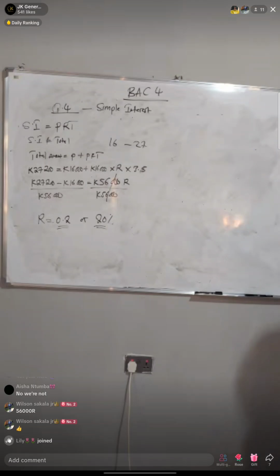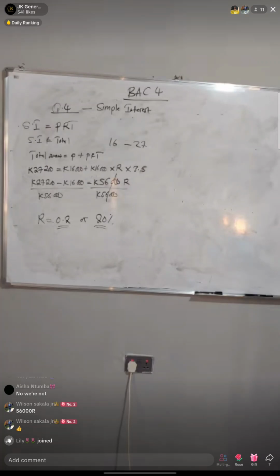So just like that, and then if you proceed to the next one, you are being told if it doubles, what will be the answer? If the amount doubles, what will be the answer? What will double? The future value, the one you're finding, the total, the principal amount, that one.